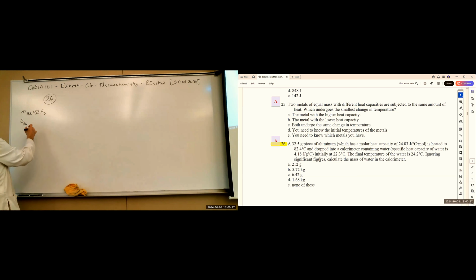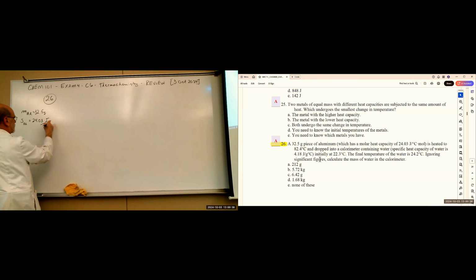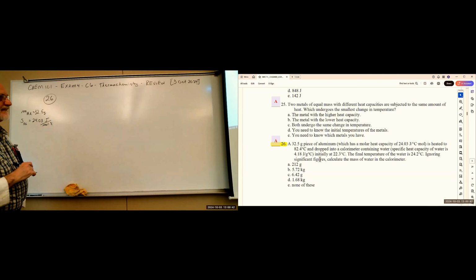I guess so. The units will tell us what it is. 24.03 joules per mole degree C. Let's see, 82.4 degrees is the initial temperature of the aluminum. So Ti for aluminum is 82.4 degrees.